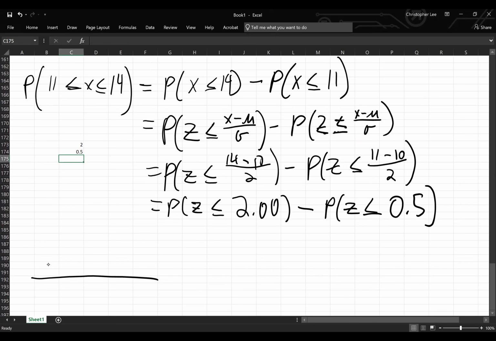So draw your distribution. I want this area in the middle, between 0.5 and 2.0.